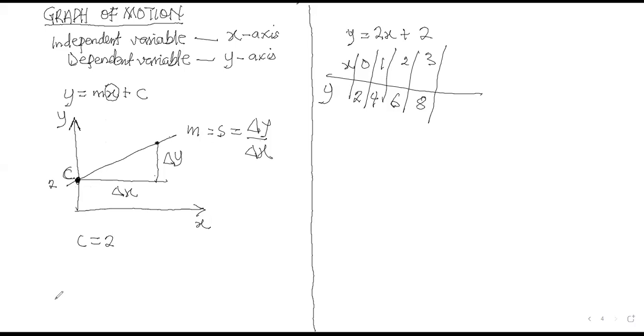So c is the intercept on the vertical axis. You read it from the point where your graph cuts the y-axis.